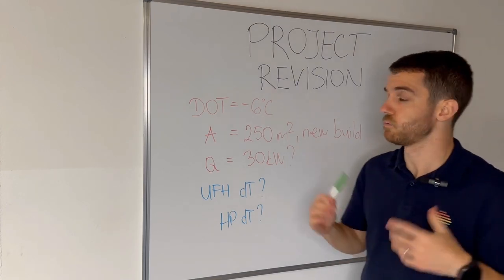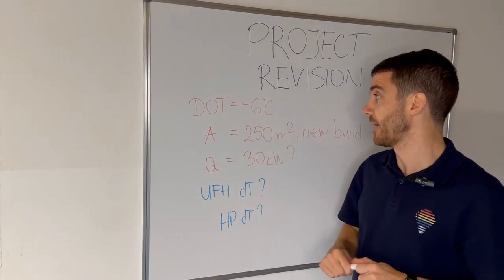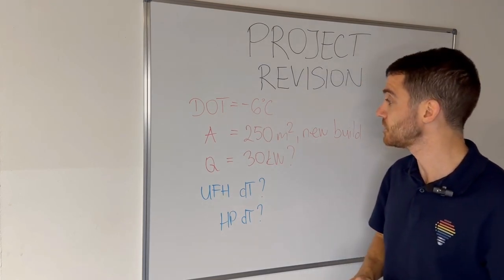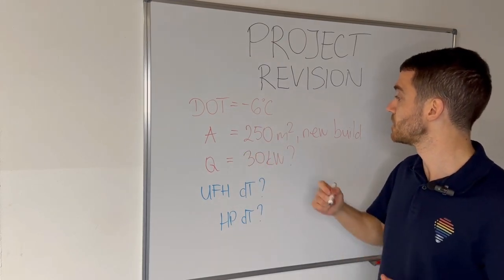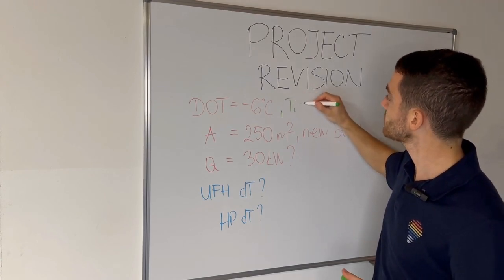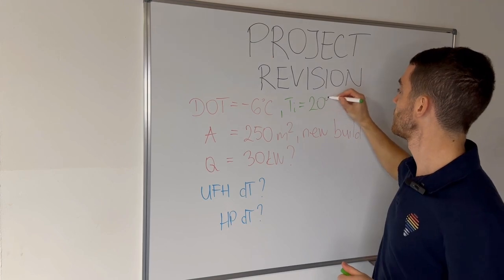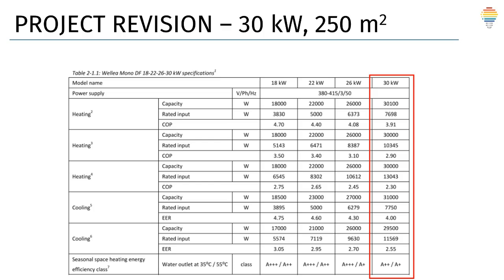So we have one house, new build, design outdoor temperature is -6 degrees Celsius, and the house is 250 square meters big, and let's say indoor temperature is 20 degrees, just to know what we are dealing with. In this project, the calculated heat loss was 30 kilowatt.